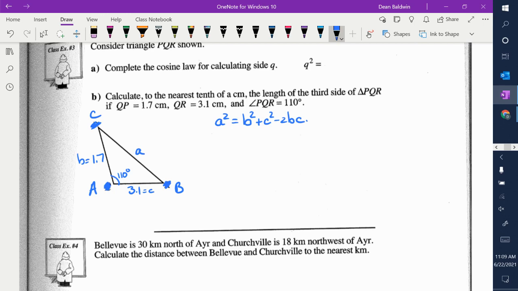All right, minus 2BC cos of A. All right, plug it all in and solve it, peoples, please.